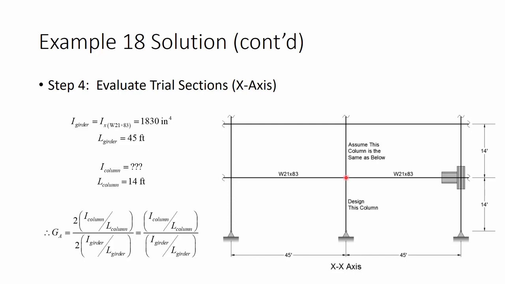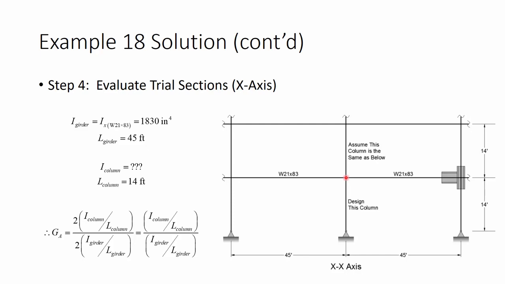If you look at the girders, they're the same. They're both W21 by 83s, and they're both 45 feet long. The same thing is true of the columns. We don't know what column we're looking at right now because we're not actually evaluating the sections, but the note says assume this column is the same as the one below, and they're both 14 feet long. Essentially what we're going to have is 2 I over L's for the girders and 2 I over L's for the columns, and they're the same.